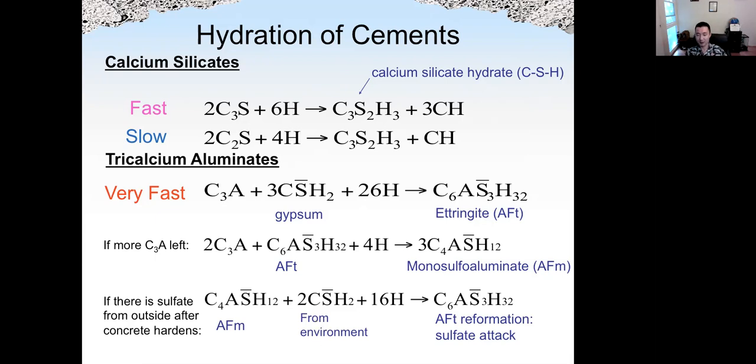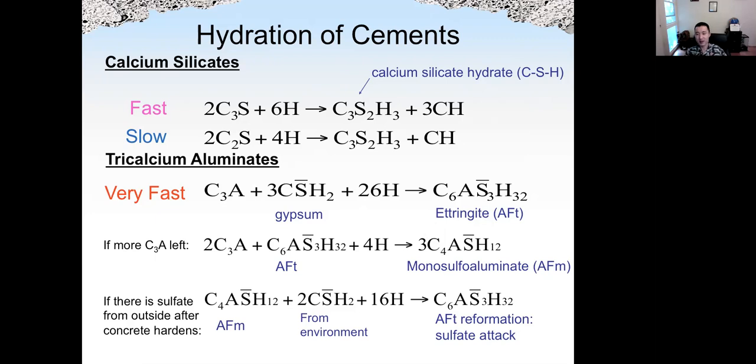After concrete hardens, it is very weak. So when we have expansion inside the concrete, that will cause the concrete to crack, and we call that sulfate attack. Ideally, we transfer all the C3A into ettringite before the concrete hardens.